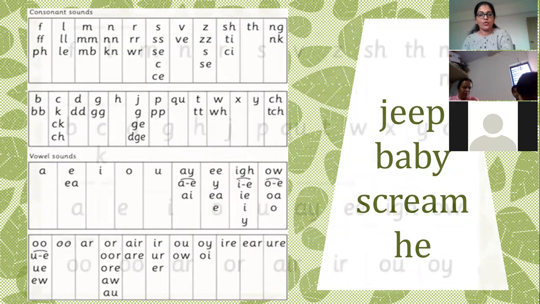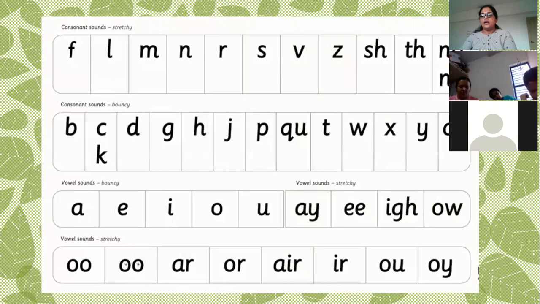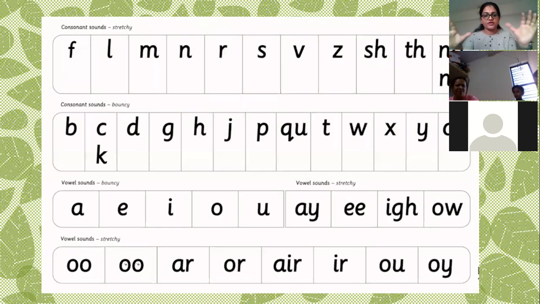Going forward, the vowels and consonants. We have 5 vowels and 21 consonants, right? And in the vowel sounds, we have 10. 5 vowels, but they have 10 sounds, 5 short vowel sounds and 5 long vowel sounds.